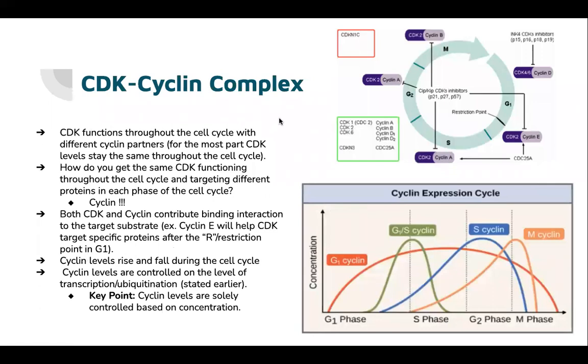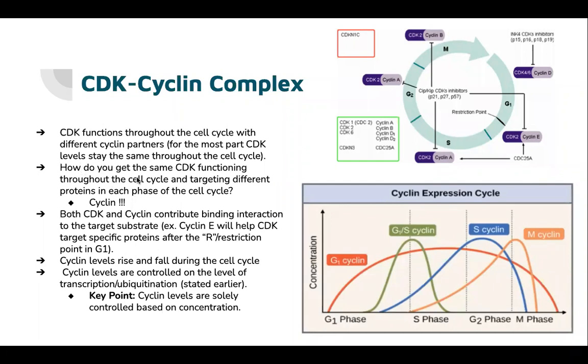This is the graph I was talking about with the different types of cyclins and their concentration during each phase. CDK functions throughout the cell cycle with different cyclin partners. As you can see, the G1 cyclin remains fairly constant towards the middle, but the G1, S, and M cyclins change more rapidly.